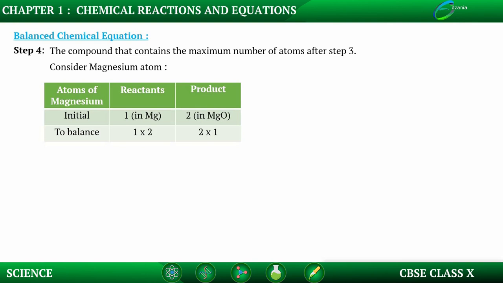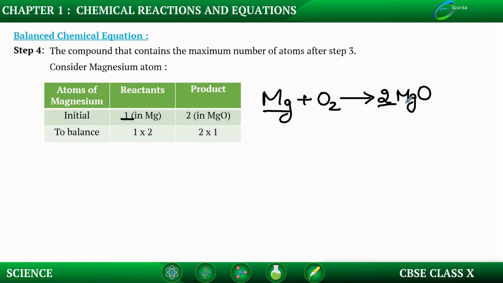According to our previous equation, we have Mg plus O2 gives rise to 2MgO. Thereby, the initial number of atoms of magnesium is 1.